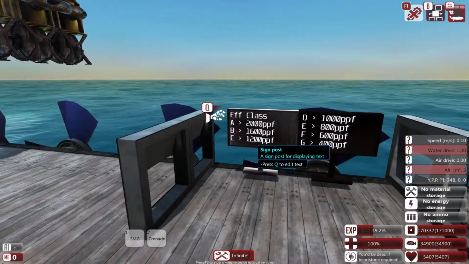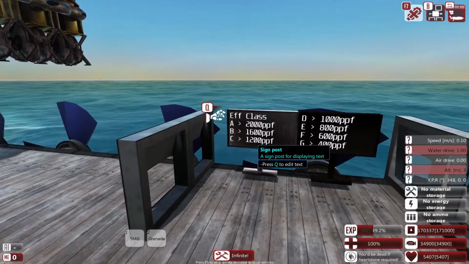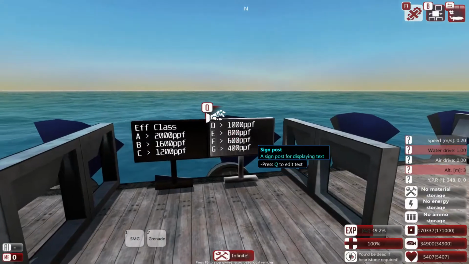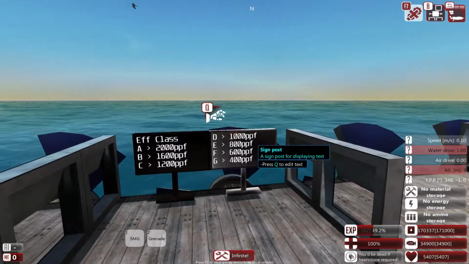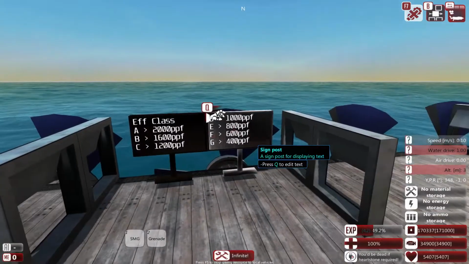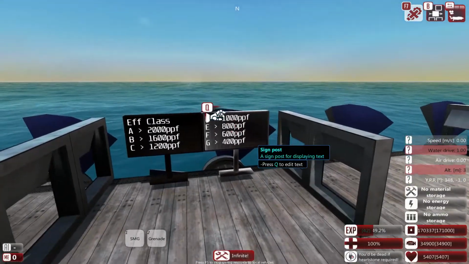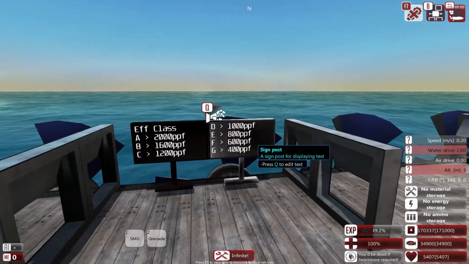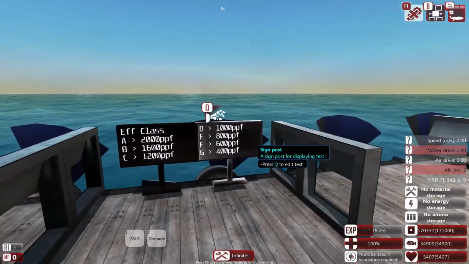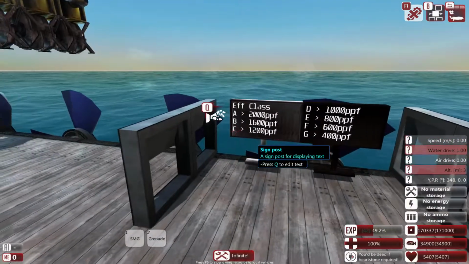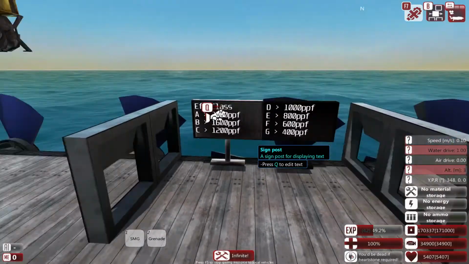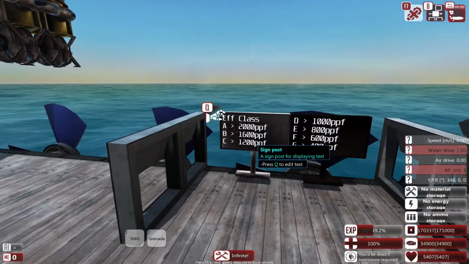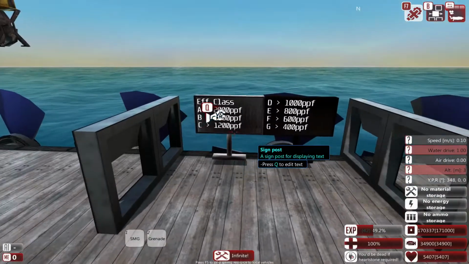This side is what I consider efficient motors, and they either get an A, B, or C class rating, and this is what I consider medium, inefficient motors, but of different classes. So efficient versus inefficient, and so if it's below a C class, it is an inefficient motor, and if it's above a C class, if it's A, B, or C class, it's an efficient motor.